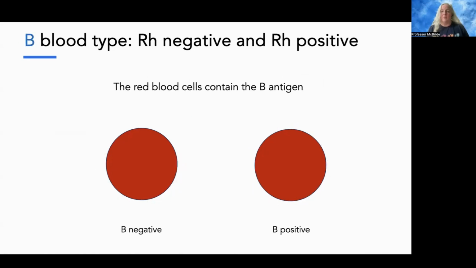For B blood type, we have the similar scenario except that this is with a B antigen. So if you have B antigens and no Rh factor, the baby or the patient is B negative. If you have the B antigen and you have the Rh factor, then they are B positive.